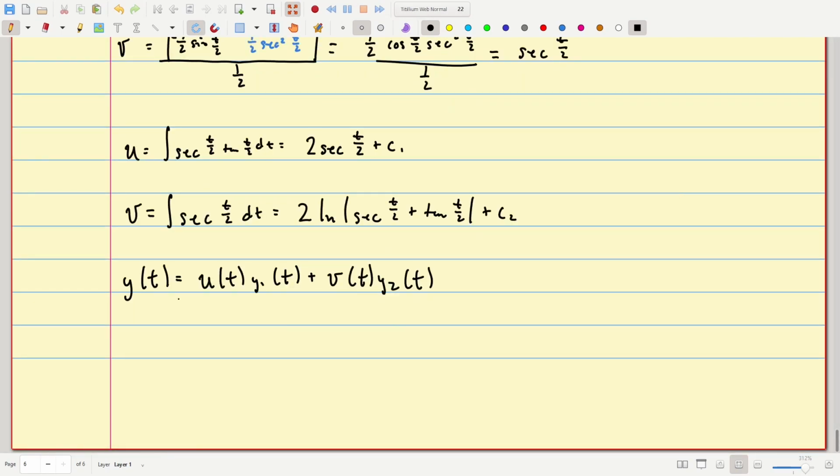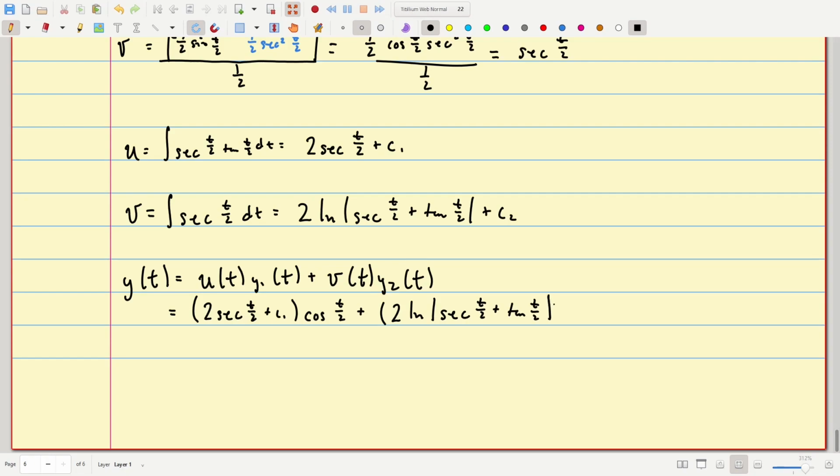Okay, we're a little short on space, but u1 is 2 secant t/2 plus C1, and this is going to be times cosine t/2, plus, now we have 2 times the natural log of the absolute value of secant t/2 plus tangent t/2.